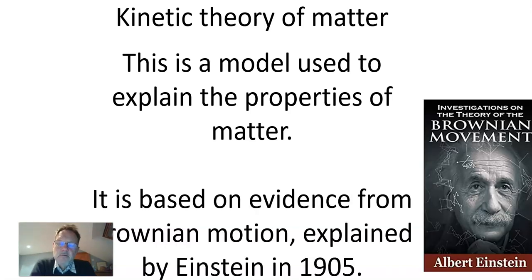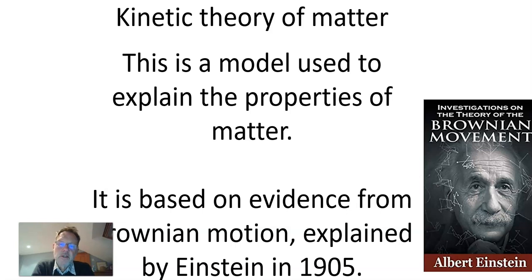A lot of this, in fact most of it now, is based on the work that was done by Einstein in 1905, who in turn founded his theory of particle motion on an observation by a botanist, Robert Brown. And this so-called Brownian motion, which you'll see examples of in the lesson, enabled Einstein to conclusively say that there must be atoms or particles causing this motion.